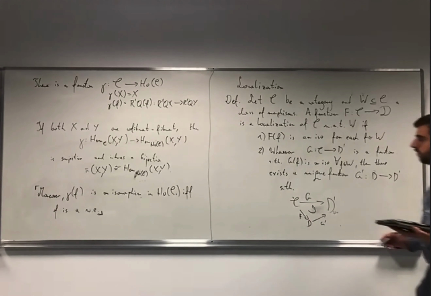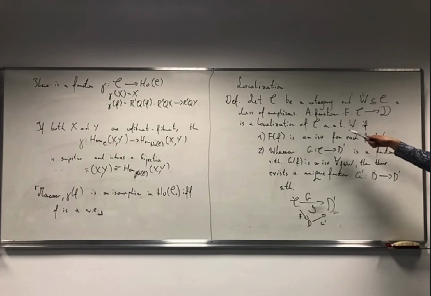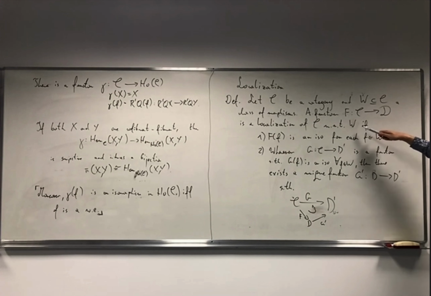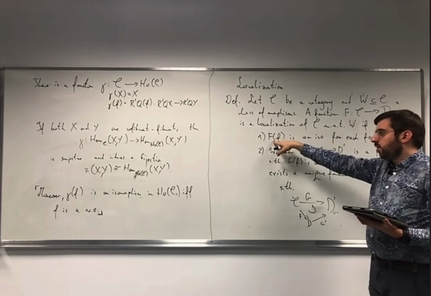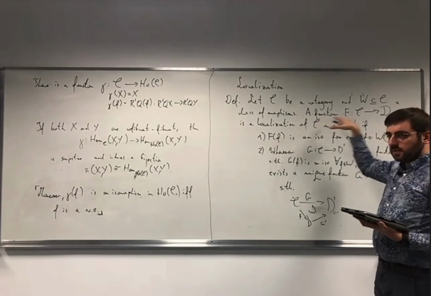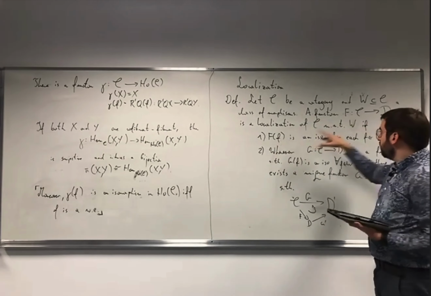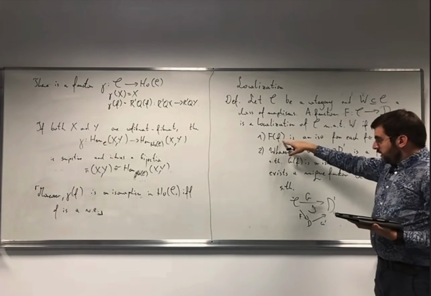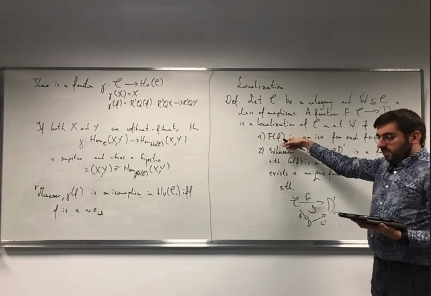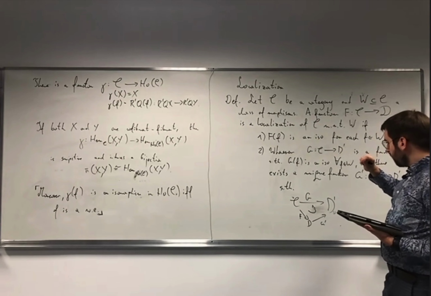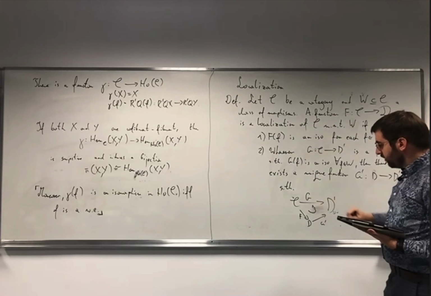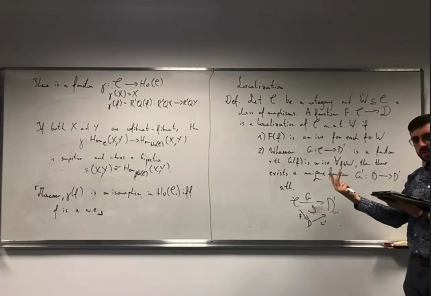So in other words, a localization of a category with respect to a class of morphisms is a functor, firstly, such that all of the maps in the class W are taken to isomorphisms via F, and this localization functor is universal among functors with this property.